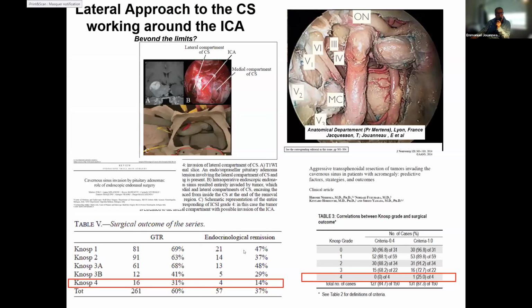It's not the same story when you start working lateral to the carotid. I mean, if you start dealing with a grade 4 tumor, when you look at the results, the gross total removal is quite low, and the endocrinological remission is close to 0%. So it's more aggressive.